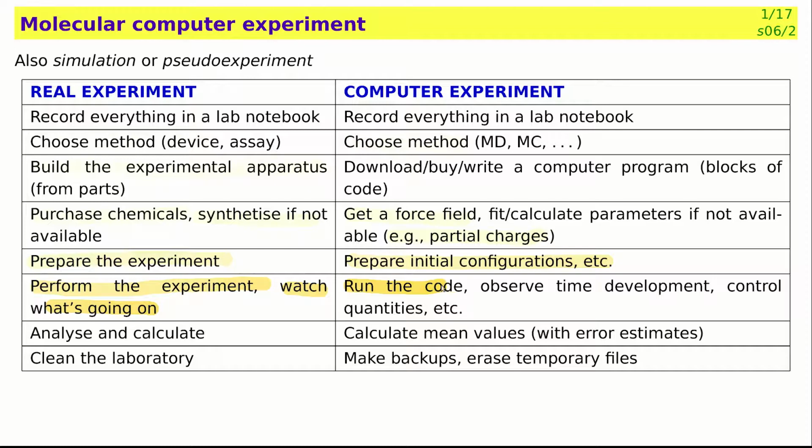You run the code, and typically you observe the time development of quantities, whether they are good or bad, and you observe the configuration, whether that looks okay. And there is analysis. So analyze the results, compile the results, put them into tables, and calculate what you wish. And here again, we usually calculate the mean values, and we must provide error or uncertainty estimates for the final values. And it's pretty similar.